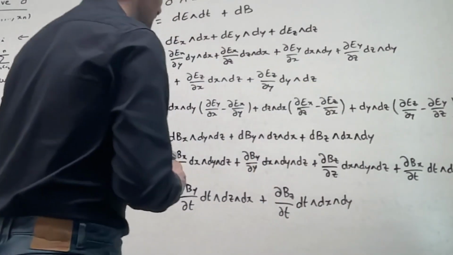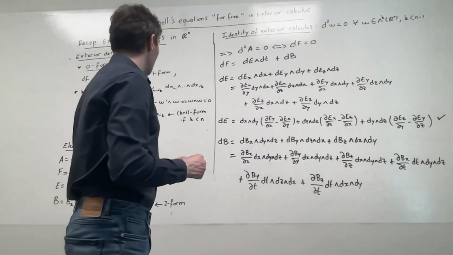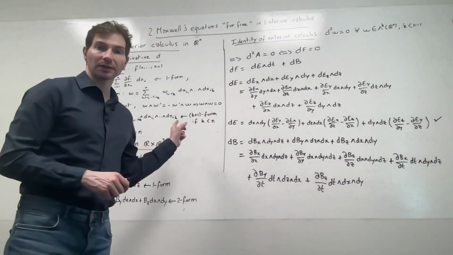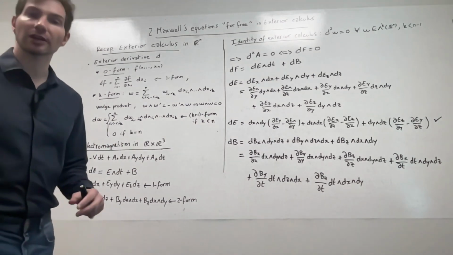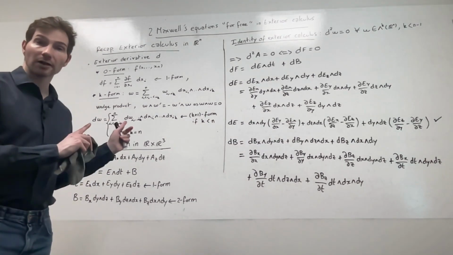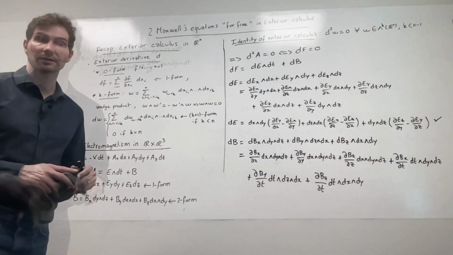Okay, so it looks kind of complicated. I will have to erase that part, so you can always go back in the video and check what these terms were. So I'm erasing here and we'll continue on that side.